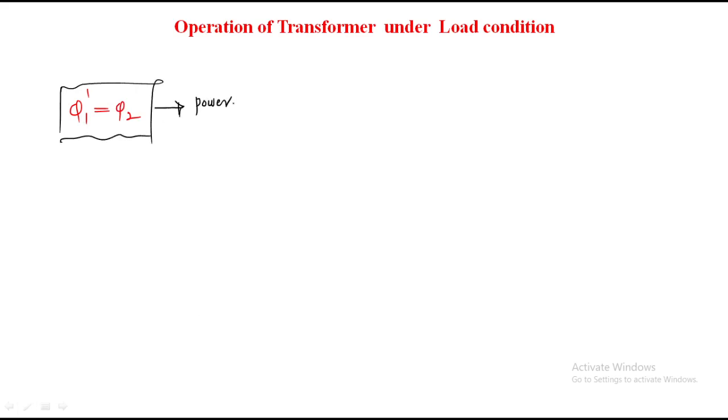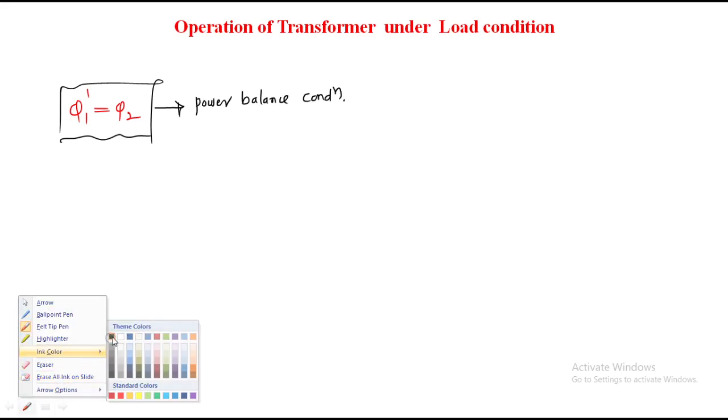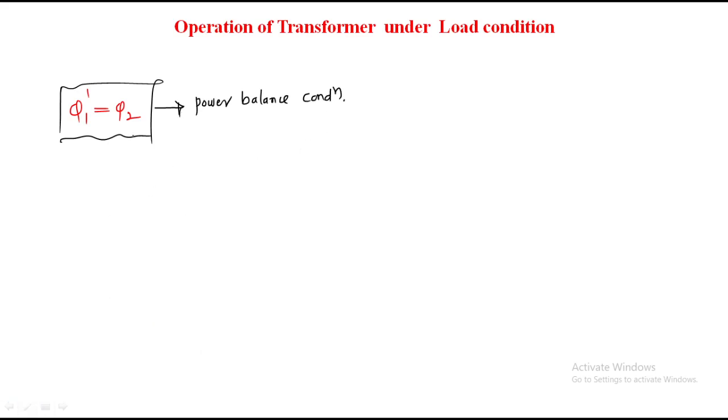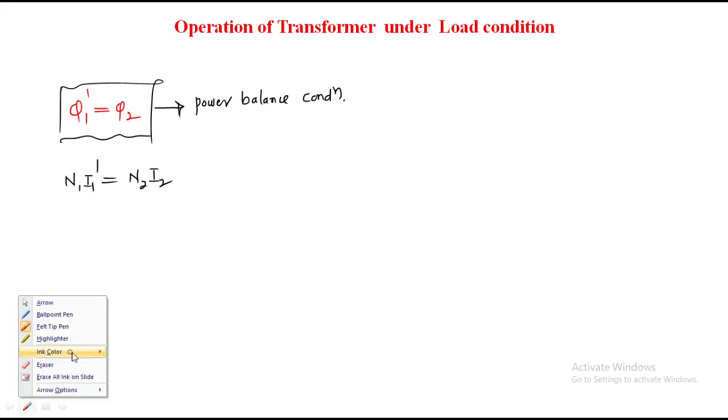That is, N1 I1 dash should be equal to N2 I2, right?